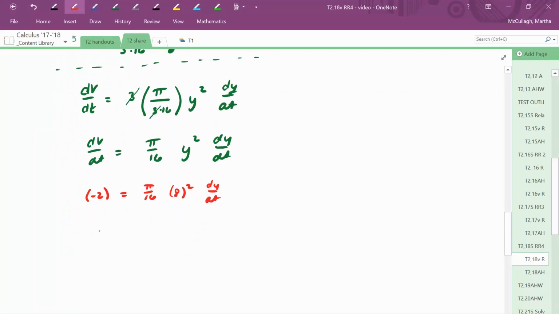So let's see, we've got -2 equals pi times 64 over 16 dy/dt, or dy/dt equals -2 times 16 over 64 pi. I got that by multiplying each side by 16 over 64 pi.